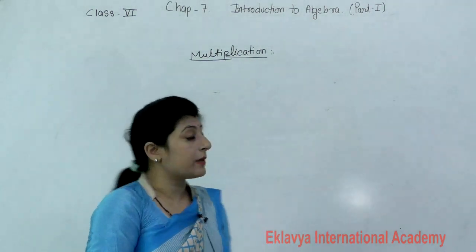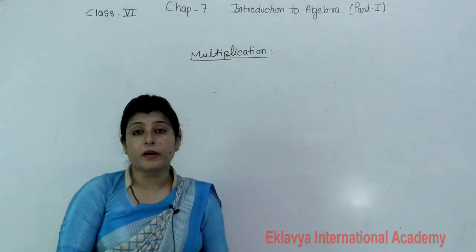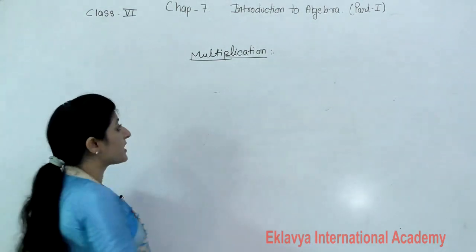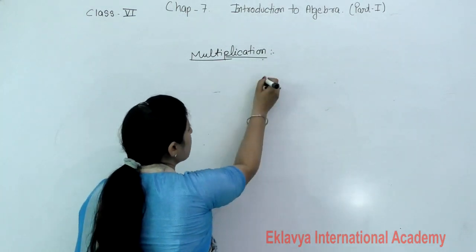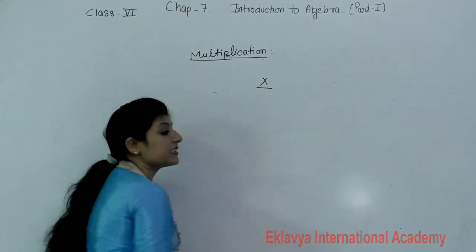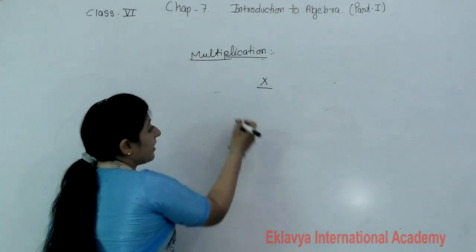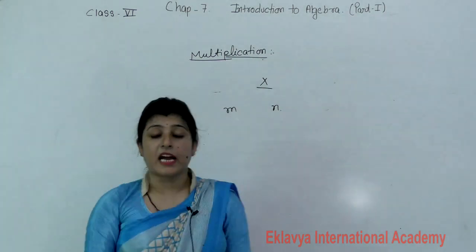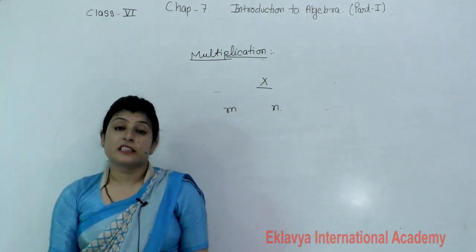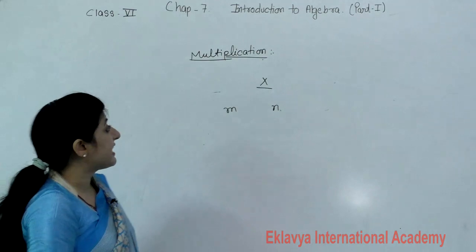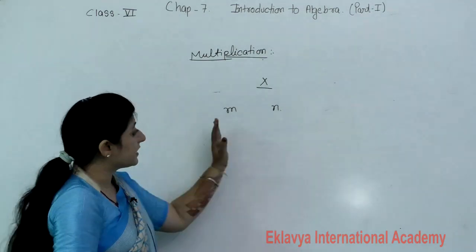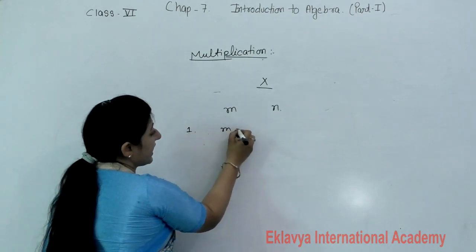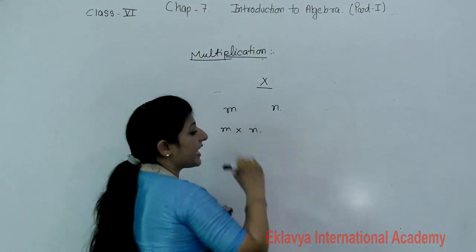Multiplication in algebra. How to do multiply? See, suppose I write down, you know that the sign of multiplication is this. If we have two unknown variables, m and n, there is a way of representing the multiplication between these two. First method, we can write down m into n.